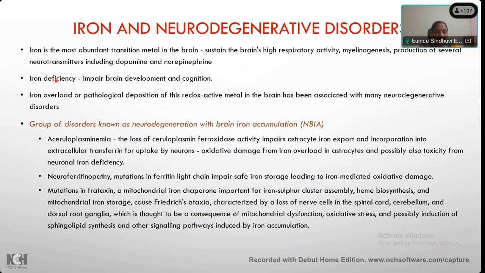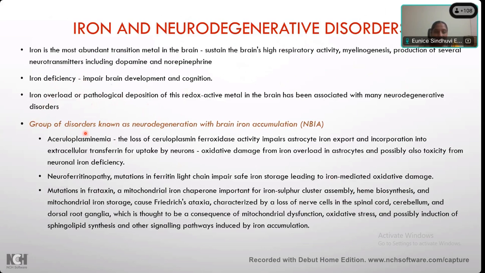As we all know, iron deficiency in young children can impair cognition, because iron is important for brain development. And iron overload or pathological deposition of iron has been associated with many neurodegenerative disorders.